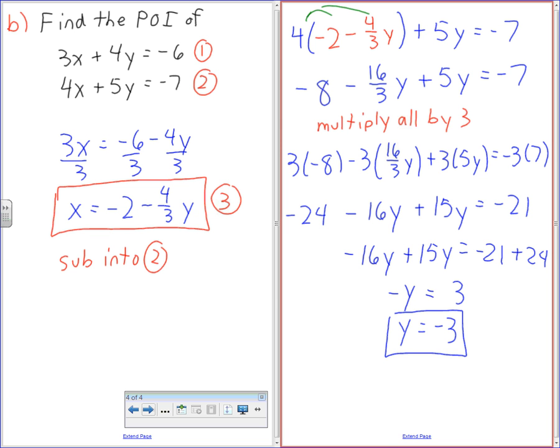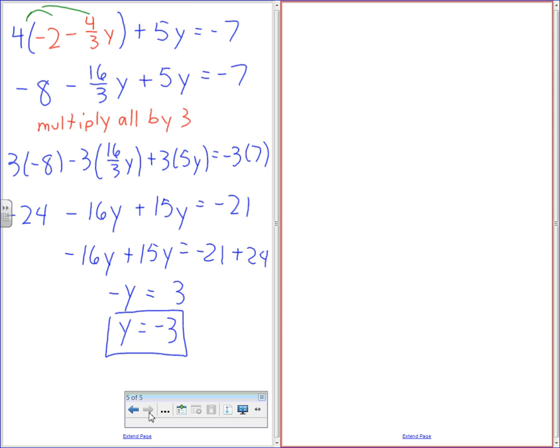All right, how do I get my x? Yeah, go ahead, Tyson. Okay. So to get x, sub y equals negative 3 into, I'm going to sub into this one. Was it negative 2 minus 4/3 y, was that right? Okay. I'm going to sub into that one, okay, but either one will work. Okay.